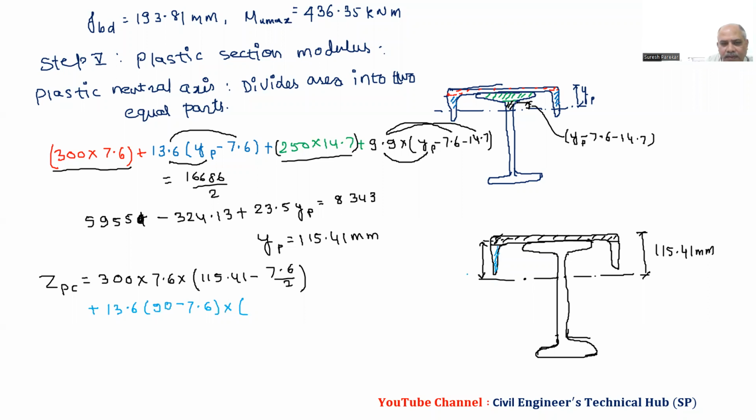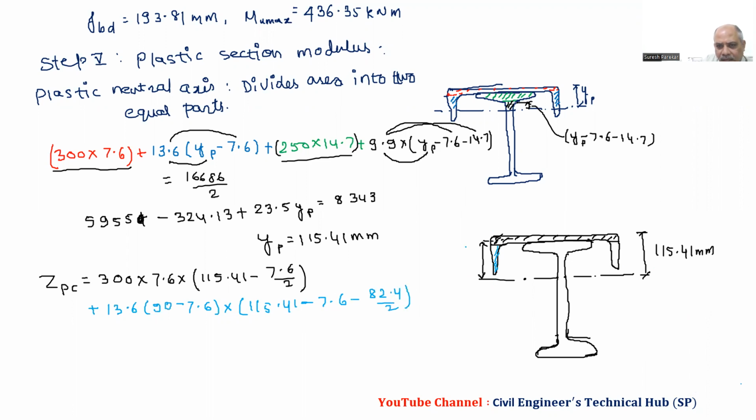So this will be 115.41. We have 115.41 minus 7.6. We have first this value, and then we have minus 82.4 by 2.